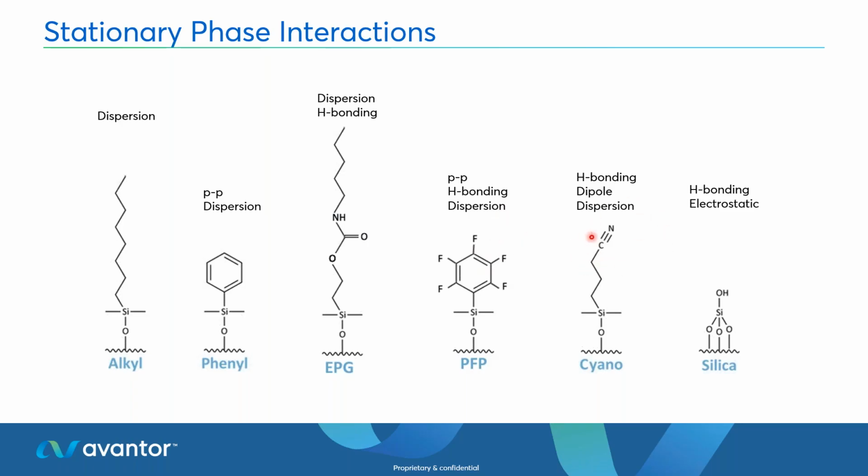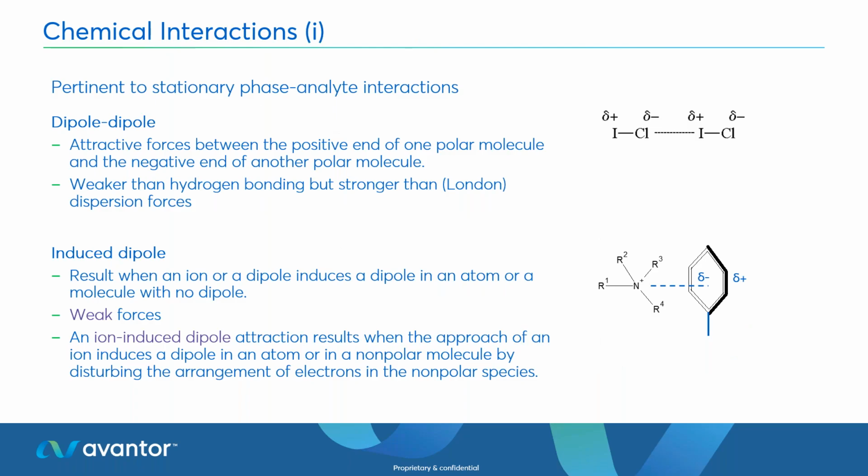Here's your strong cyano phase with that strong dipole on the end. And if you've just got a bare silica, or maybe you're working with an older generation type A silica, even with a C18 bonding, you might start to see some additional interactions that come from the silanols on the silica surface.